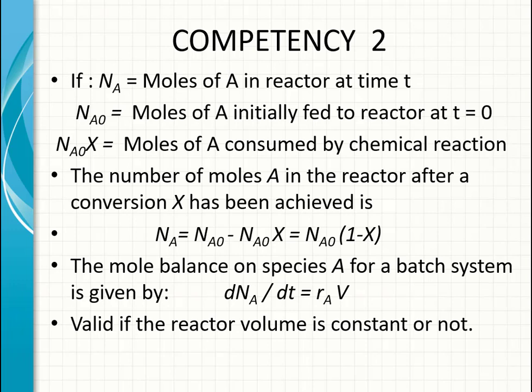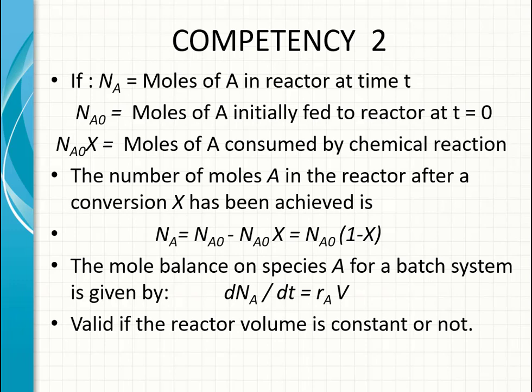And the number of moles of A in the reactor after a conversion X has been achieved is Na equal to Na0, which are the initial moles of A, minus Na0 times X, which is consumed of A, so that will be Na0 times (1 minus X).